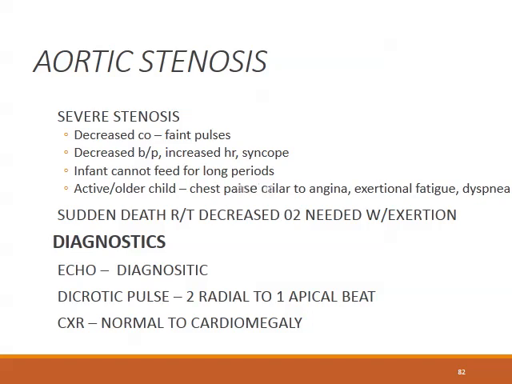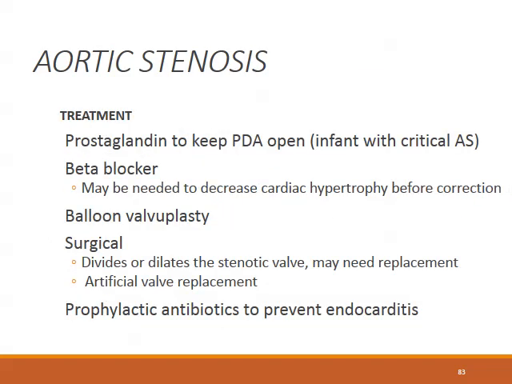Now, treatment for aortic stenosis, they're going to use prostaglandin to keep the PDA open, especially in an infant with critical aortic stenosis. Beta blockers may be needed to decrease the cardiac hypertrophy before correction.